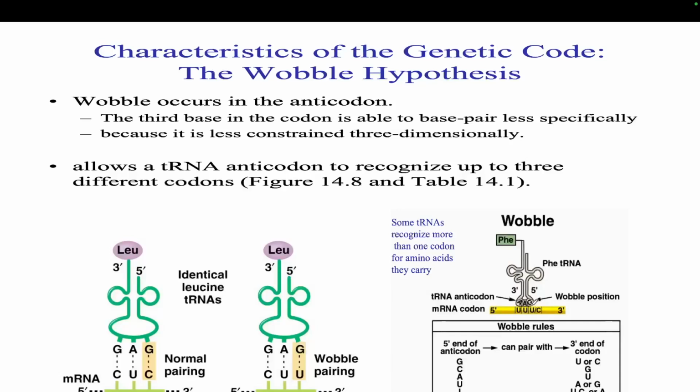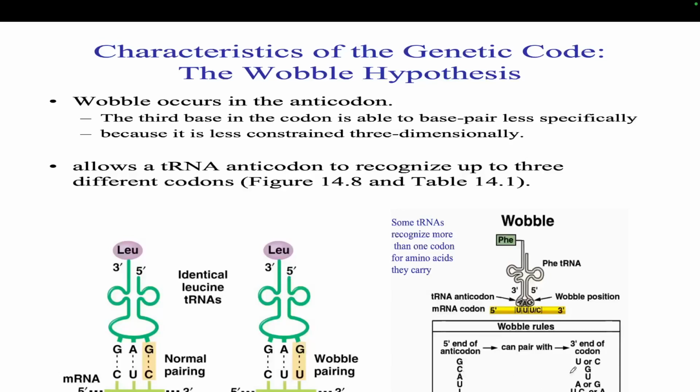So this G can base pair with either U or C. Ideally it should base pair with C only, because G always base pairs with C, but because it is present at the wobble position, it can also base pair with uracil.